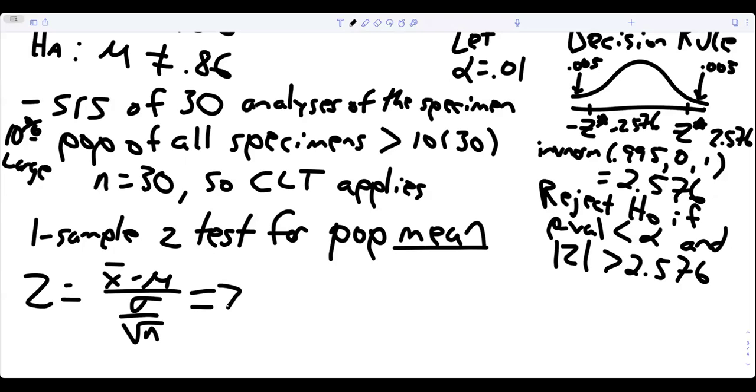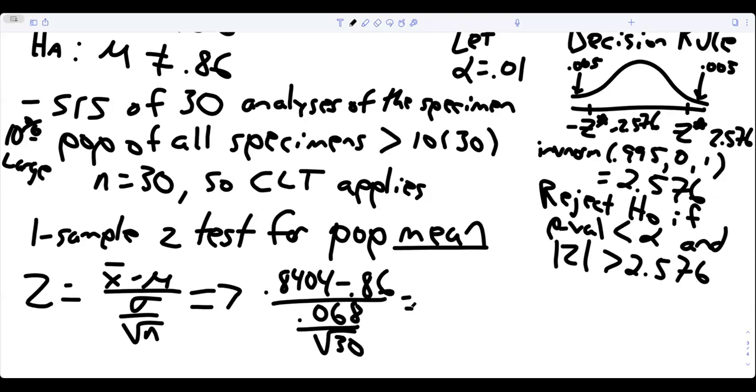And so I've got 0.8404 minus 0.86 divided by 0.068 divided by the square root of 30.